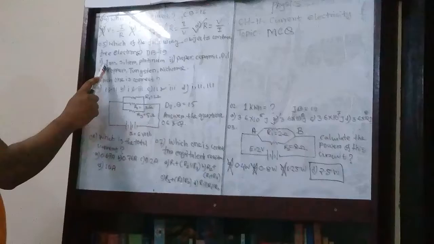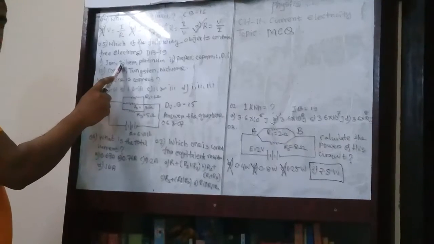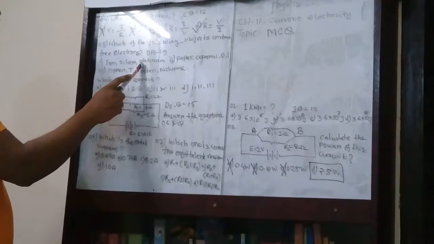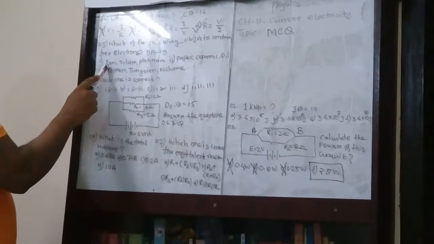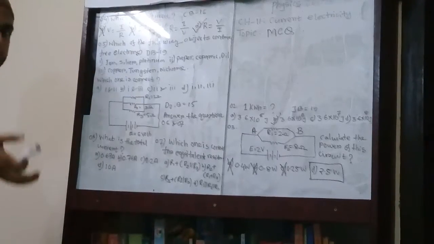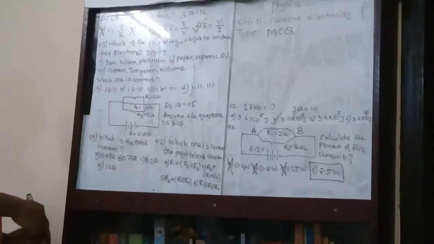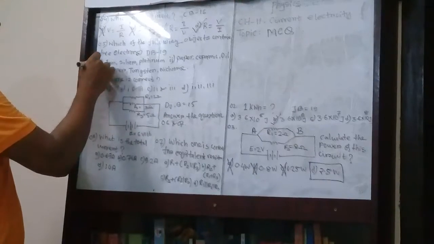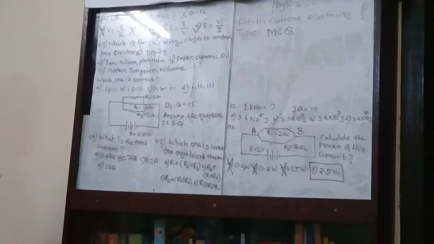Here iron is a metal, silver is also a metal, and platinum is also a metal. So those are metals, and you know that metals are good conductors. All of the metals are good conductors. That's why option number A is correct. This one has free electron.